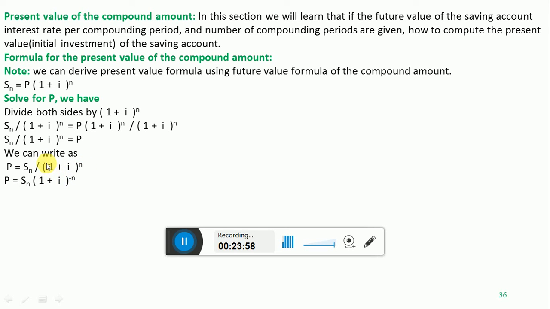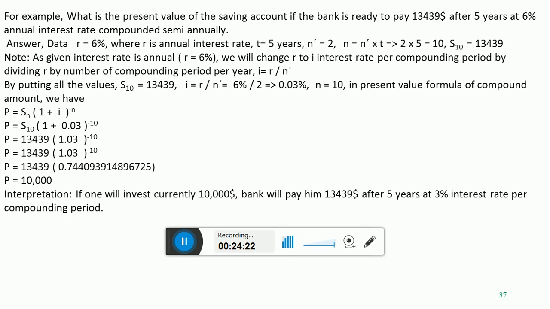We can take this (1 plus i)^n from the denominator to the numerator as well, and now P is equal to Sn multiplied by (1 plus i) raised to the power minus n. So this is the present value formula that one can use to define the initial investment, the principal amount of the account. Let me further elaborate by putting one example.